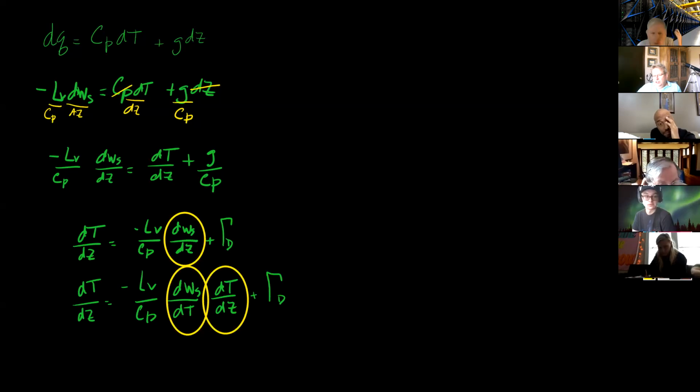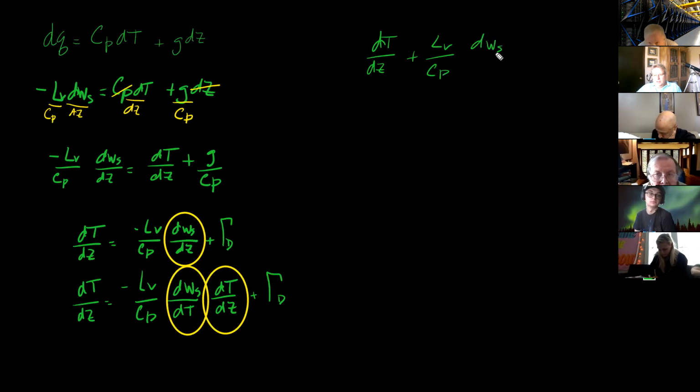So what I need to do is bring it over to the other side. I need to say dT/dz plus Lv over Cp dWs/dT times dT/dz. We're going to factor it out.